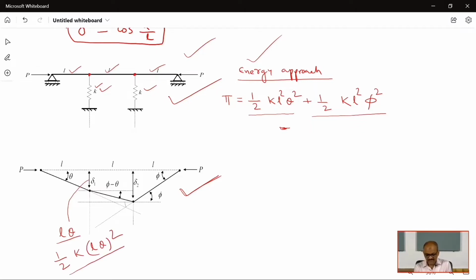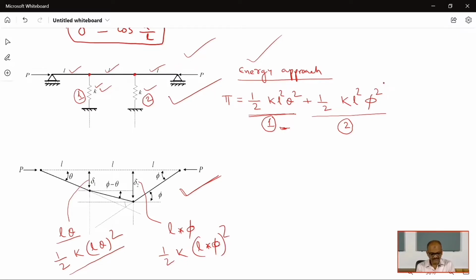Because of that, the strain energy stored in the first spring is half K L square theta square, and this is the second spring. The energy stored in it is half K L square phi square, because this delta 2 you can write as L into phi, and the energy stored is half K into (L phi) square.